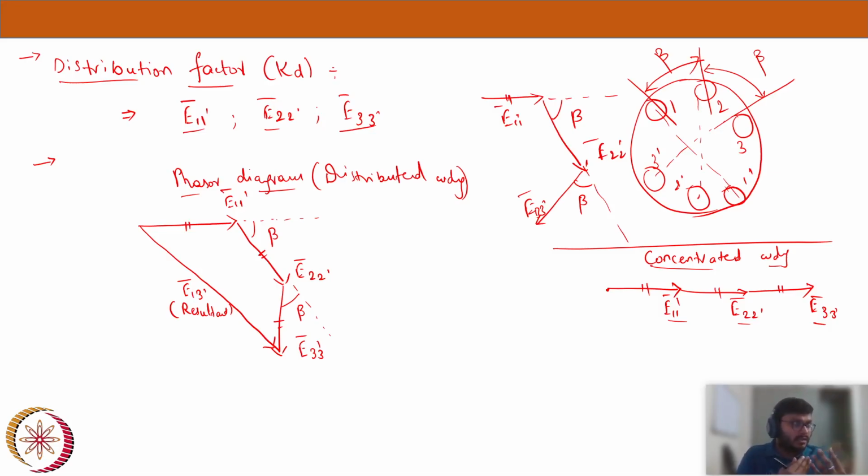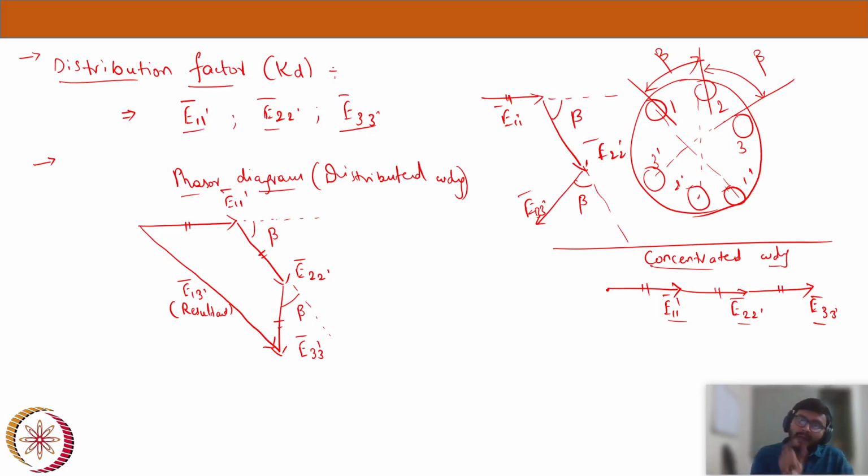The main question is, let's say we connect three coils in a concentrated way and also in a distributed way. What is the ratio of the resultant voltages that are induced in these two kinds of winding? If we take the ratio of it, that will give the factor by which the voltage is being reduced.